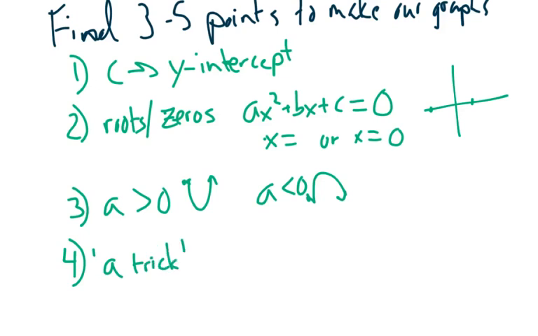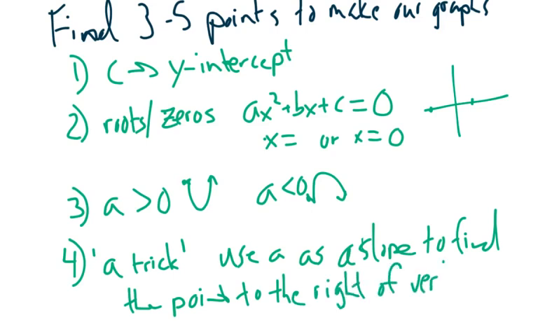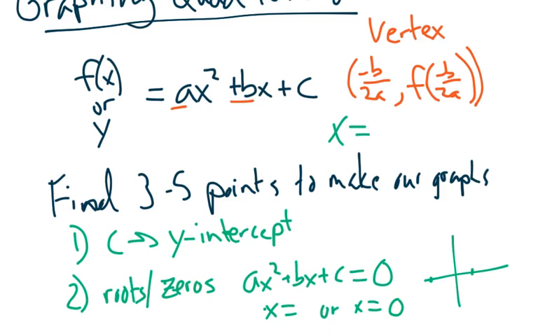Use a as a slope to find the point to the right of the vertex. And with the vertex, remember there is an axis of symmetry at x equals negative b over 2a, which allows us to double any of these points.